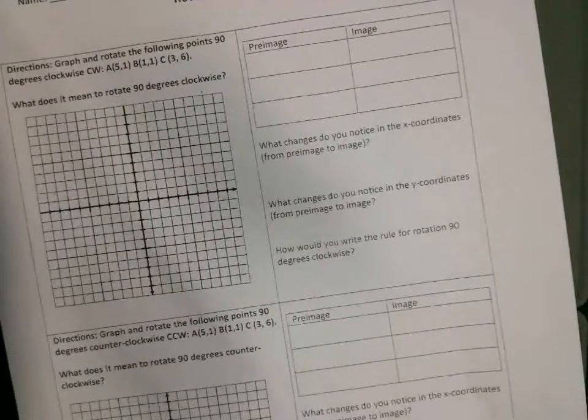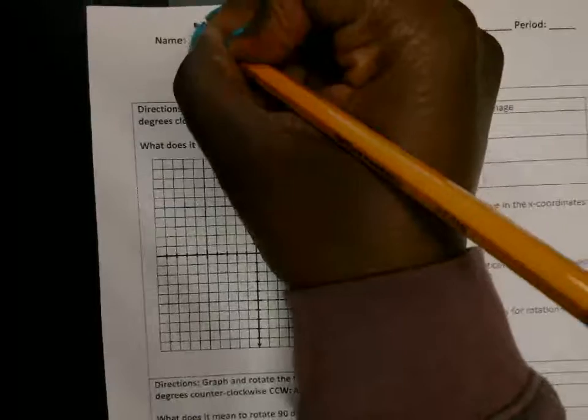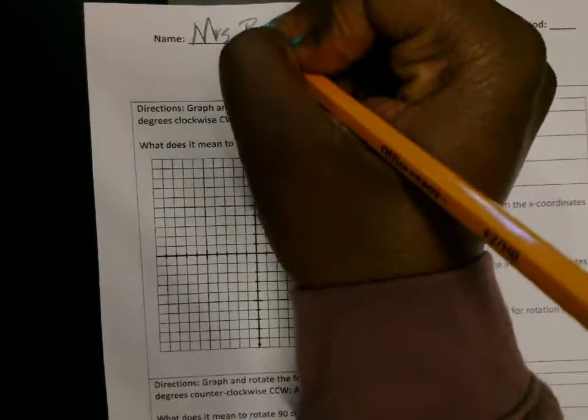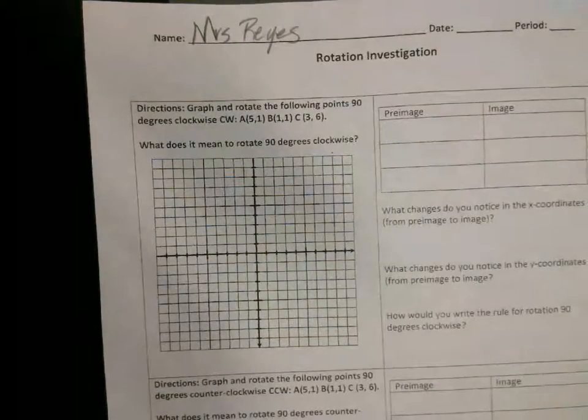Everybody get a sheet? Make sure you put your name on your sheet, please. Put your laptop away. You don't need your laptop. Close that up, please. First and last name on your sheet. I'm going to read the directions to you, and then you're going to work in your group. I'm going to walk around.